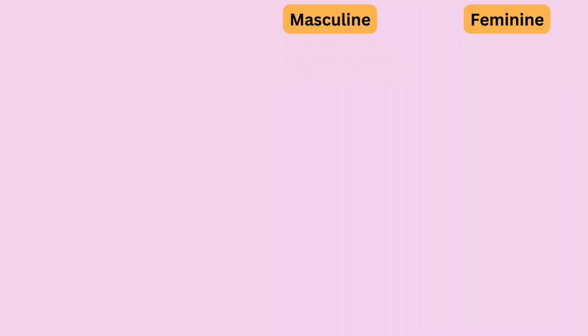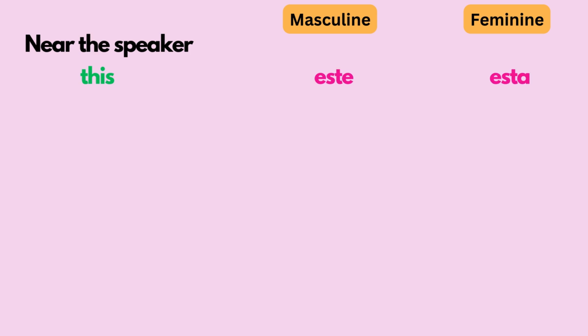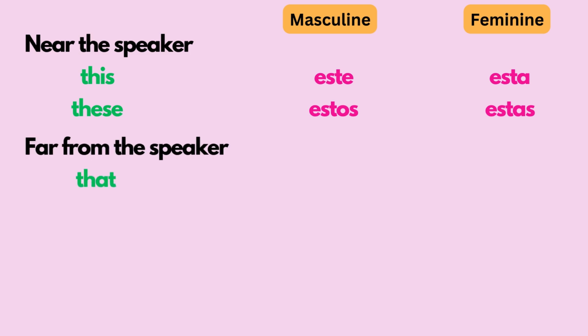Now, let's analyze the following table. If the thing referred to is near the speaker, we use the singular forms ESTE masculine and ESTA feminine, meaning this. The plural forms are ESTOS masculine and ESTAS feminine, meaning these. If the thing we are talking about is far from the speaker, we use ESE masculine singular and ESA feminine singular, meaning that.